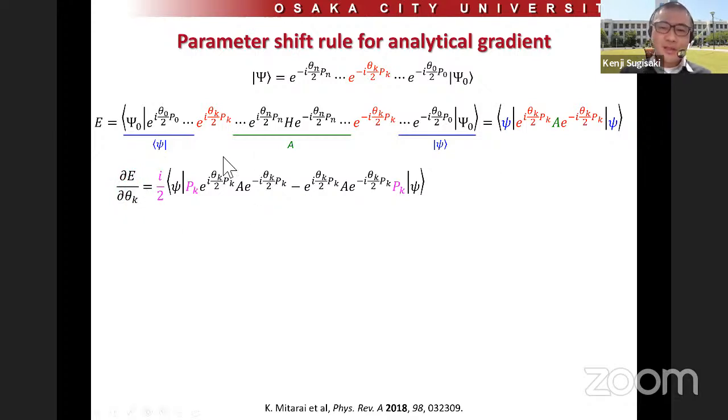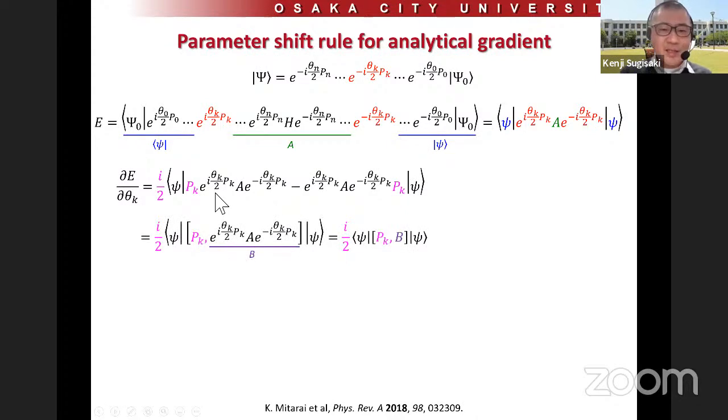So this calculation can be done by using this expression. So let us rewrite this term as B. So this gradient can be calculated as a commutator of Pk and B. B is this operator.